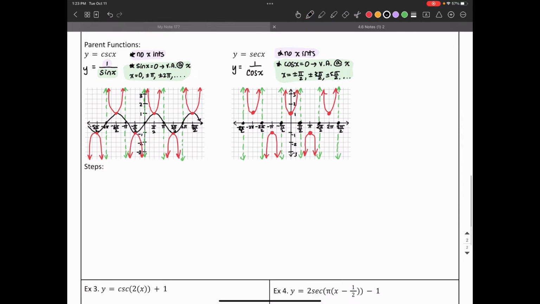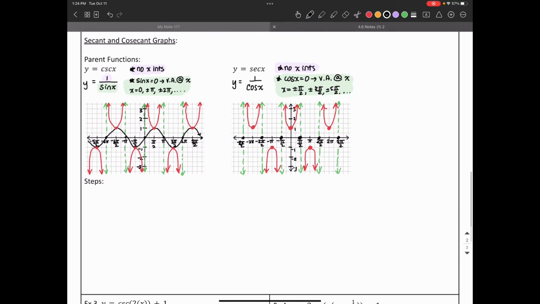The steps for doing transformations with secant and cosecant graphs: the first thing you're going to do is graph sine or cosine, depending on what you have, with the same transformations that you see.